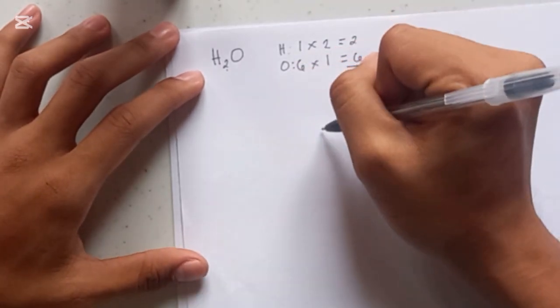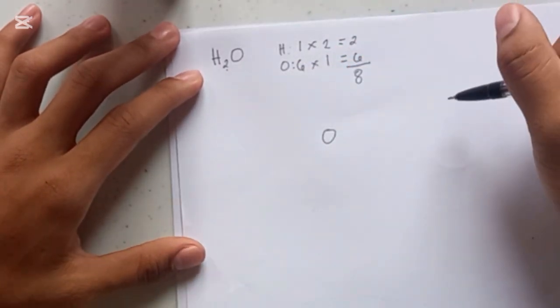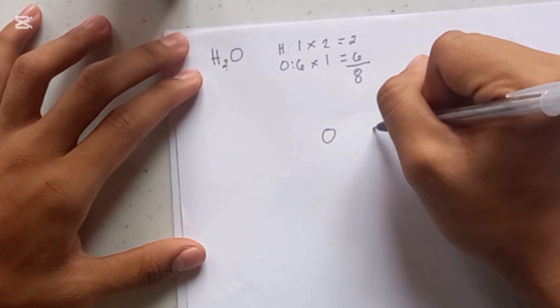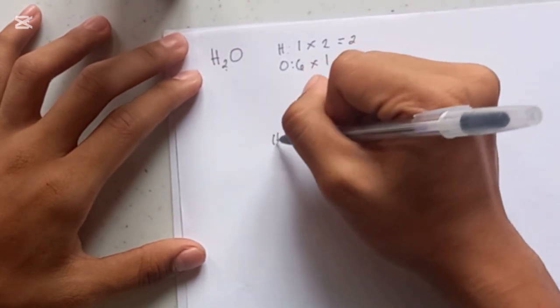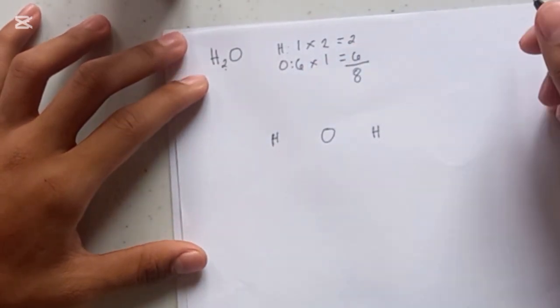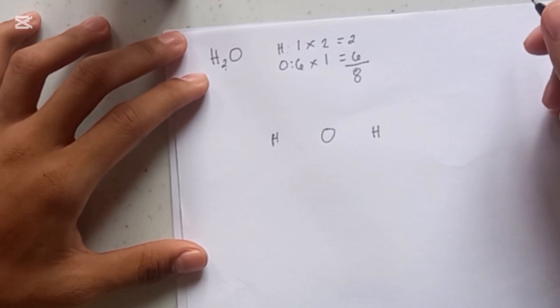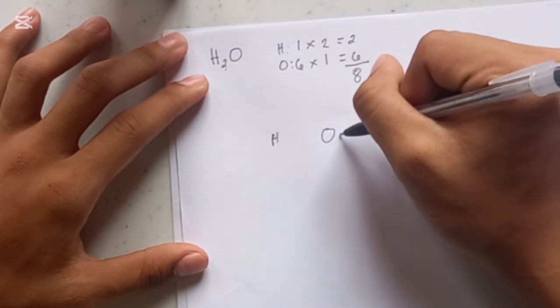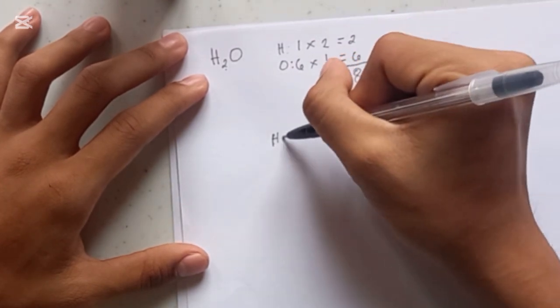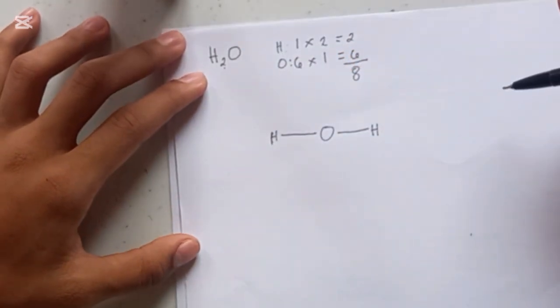Therefore, write first the oxygen in the center and hydrogen on each side. The next step is to draw a line between each pair of connected atoms to represent the 2 electrons in a covalent bond. So, we need to draw a line.